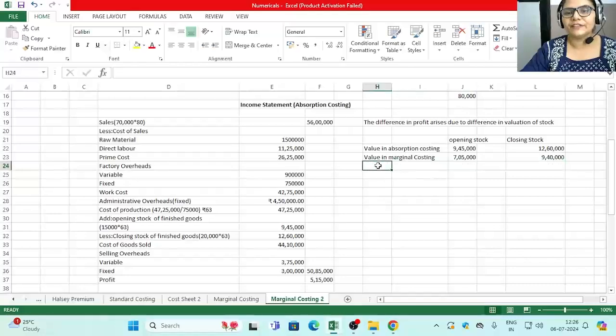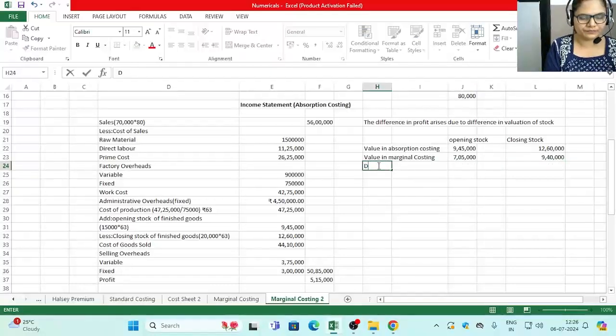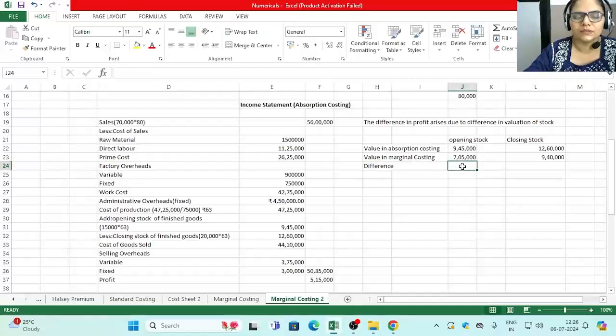Now, what is the difference? Difference for opening stock is 2,40,000.